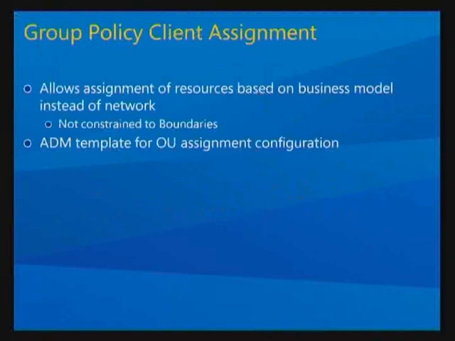I already showed you this ADM template, but the other ADM template we have is for the client assignment. The first one is for client installation, giving the CCM setup properties. The next one is the one I showed you, which is for assignment of clients. So it allows you to more granularly control where your clients are assigned instead of network boundaries, which is what your boundaries are, or roaming boundaries in SMS 2003.